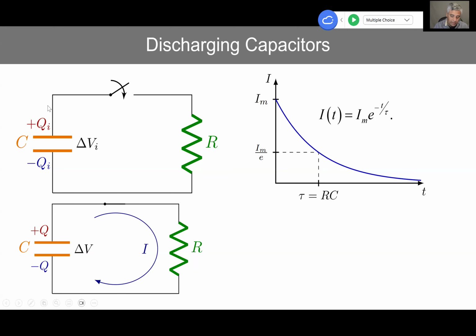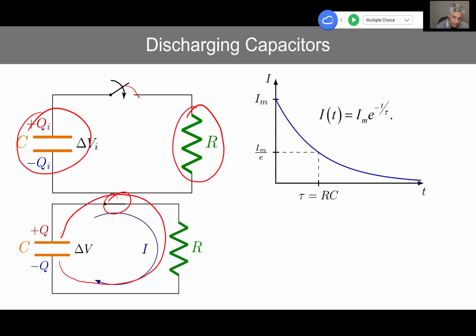So we can represent that kind of thing. For example, let's say this capacitor is fully charged, and then you connect it with a light bulb that has a resistance R, and turn on the switch like that. And now what happens? Electrons from the negative terminal go to the positive terminal, or current goes the other way around.